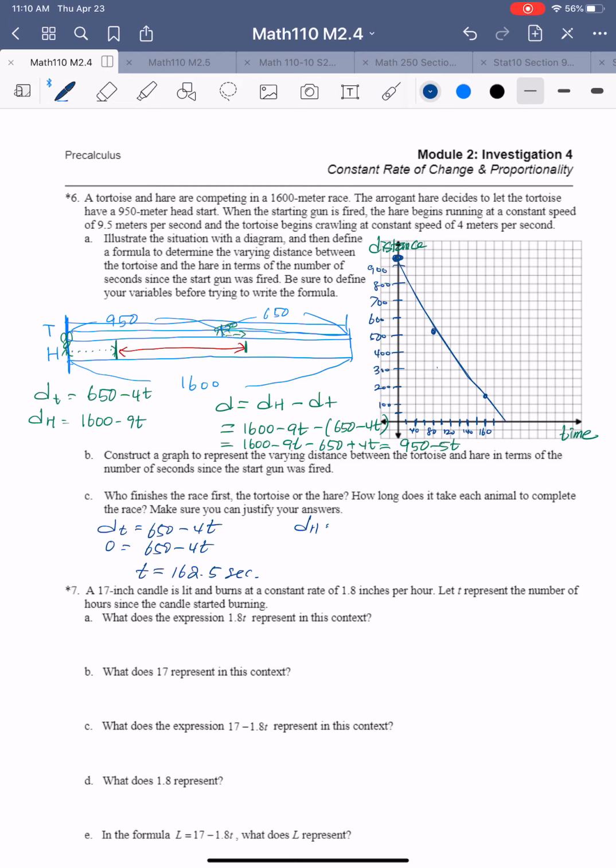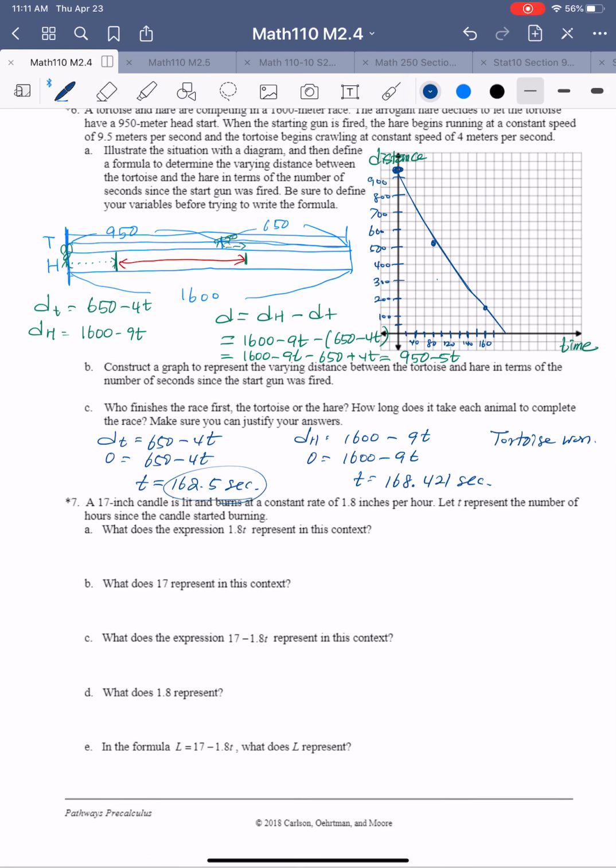For the hare, distance is 1600 minus 90t, so 0 equals 1600 minus 90t, and t becomes 168.421 seconds. As you noticed, the tortoise won, because the tortoise takes less time to complete the race.